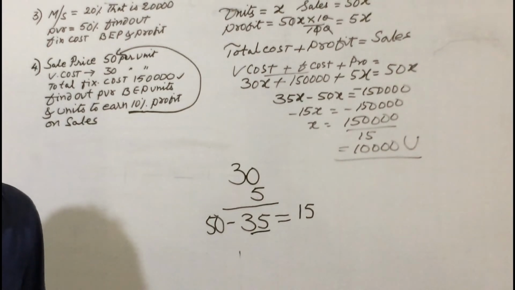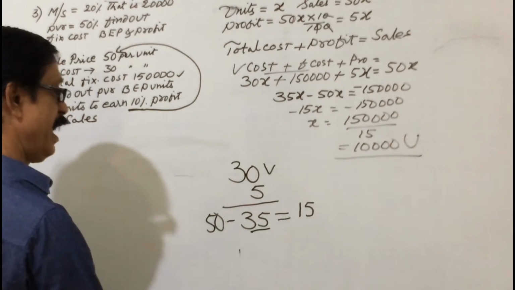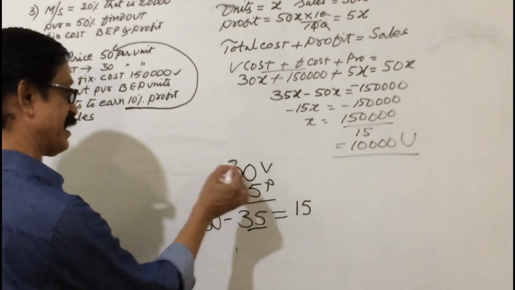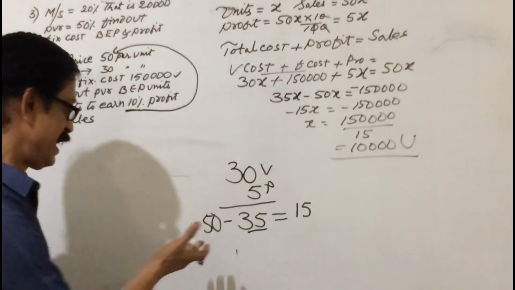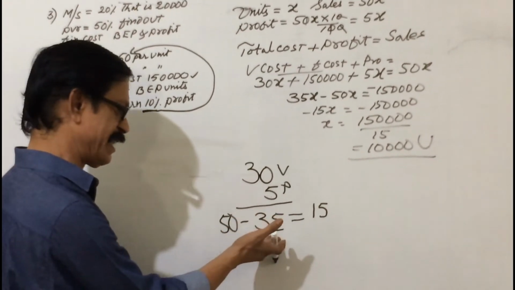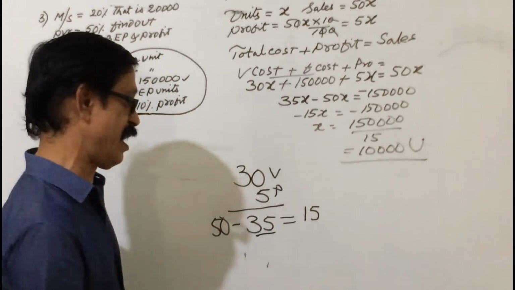Understanding or not? Variable cost is 30. I want to earn minimum profit 10% on 50, that is equal to 5. I want 35. Sale price is 50. 15 rupees is only available to recover fixed cost.